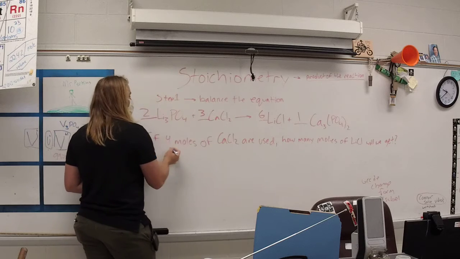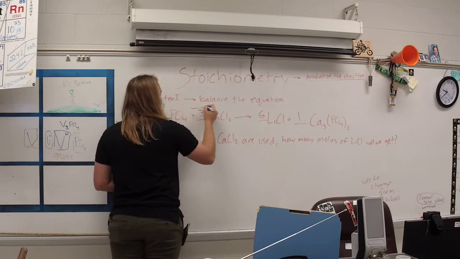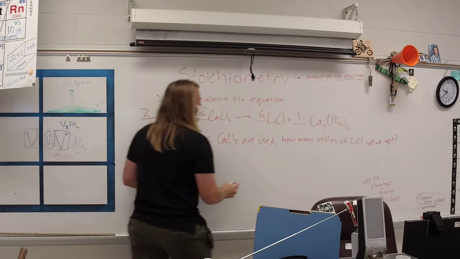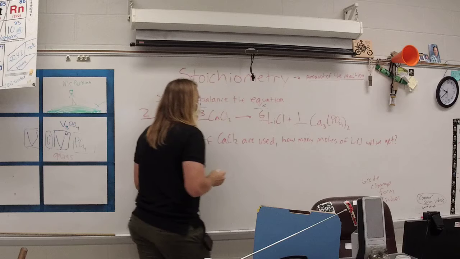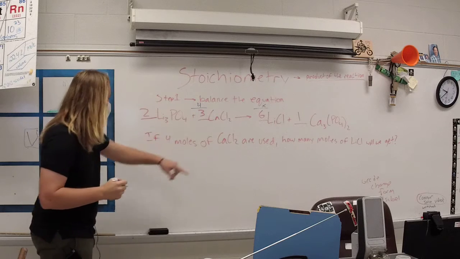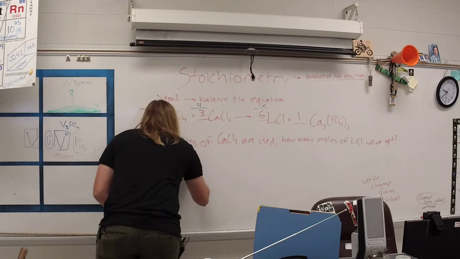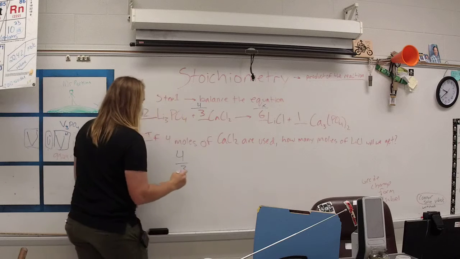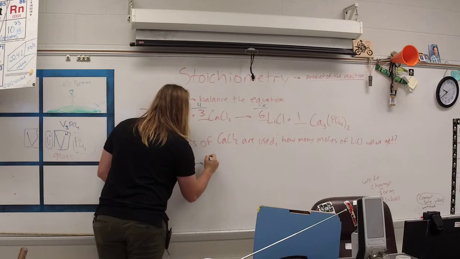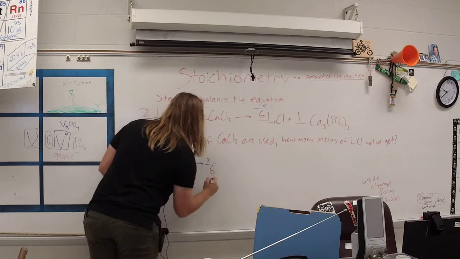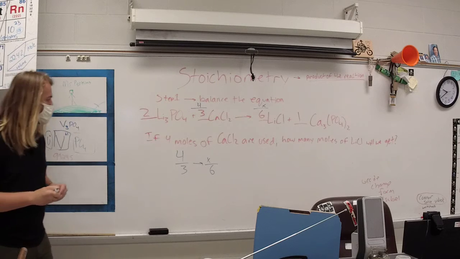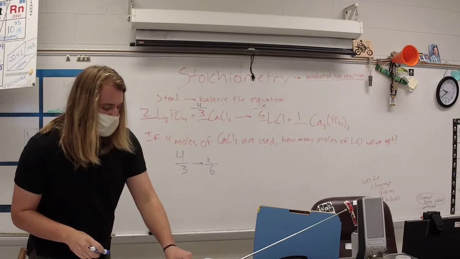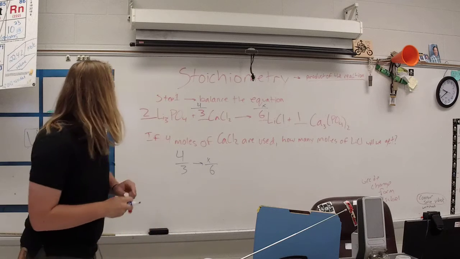So 4 instead of 3. How many LiCl? We'll throw an X. I'm actually going to bring this down here. We have 4 over 3, and we want it to be the same as X over 6. We want those to be equal. What do we do?